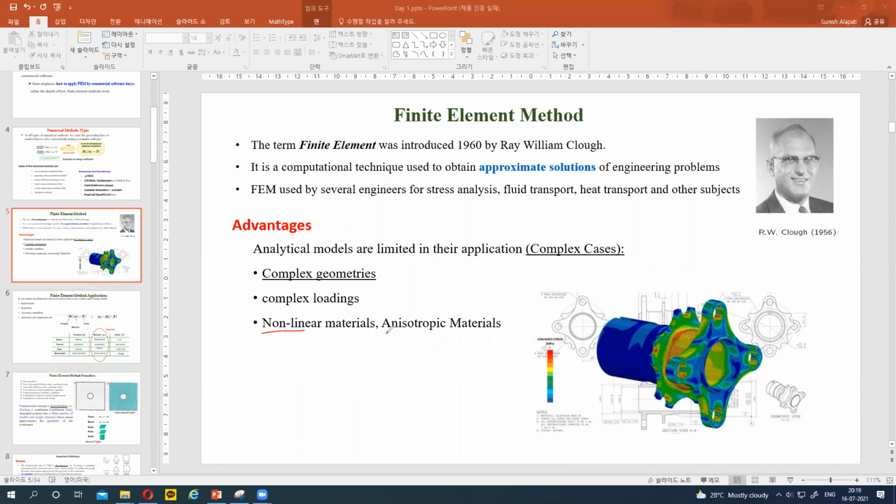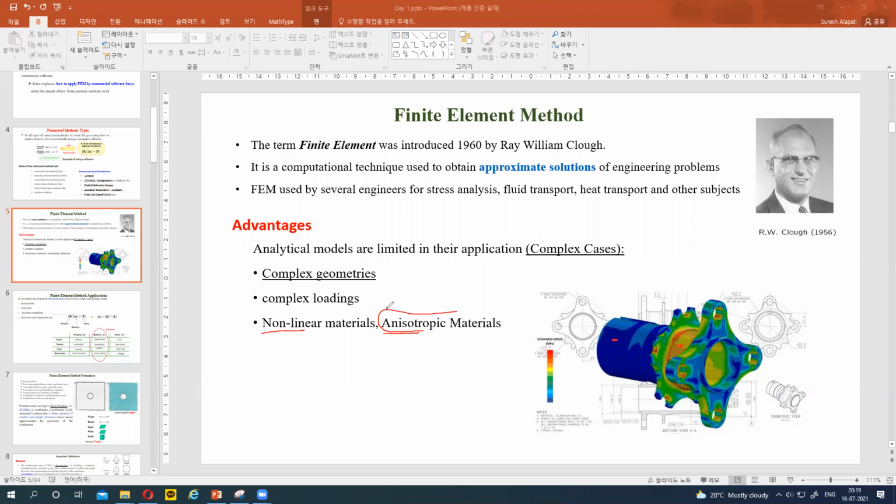Anisotropic means the properties of the material are not the same throughout the body, so they depend on space. Suppose Young's modulus values are different at different locations inside the body. When we consider here, the Young's modulus value is different, and when we consider here, it is different again. That type of material is known as anisotropic.